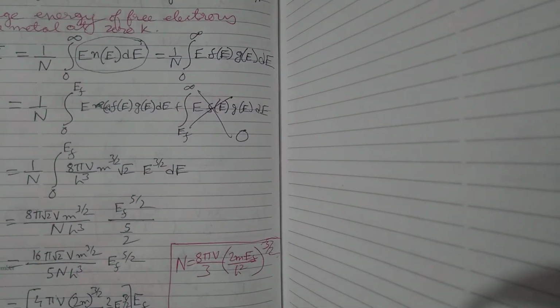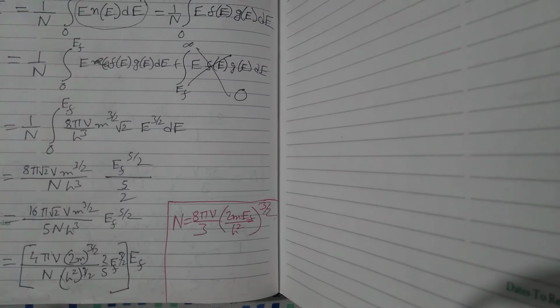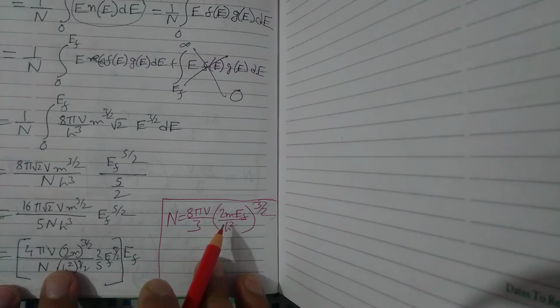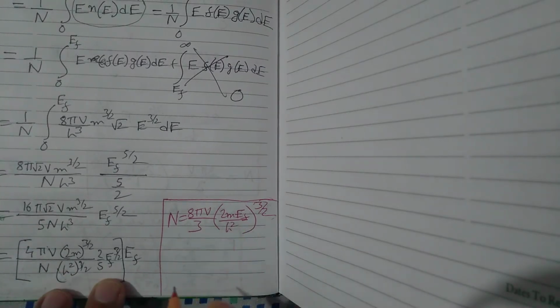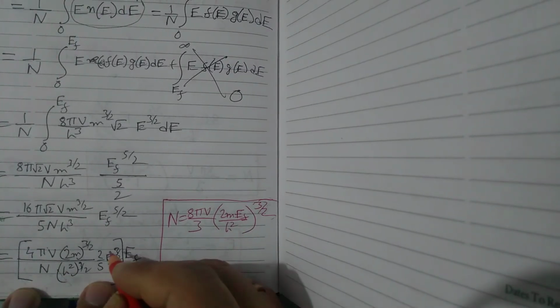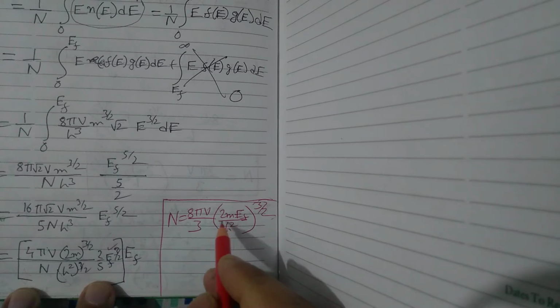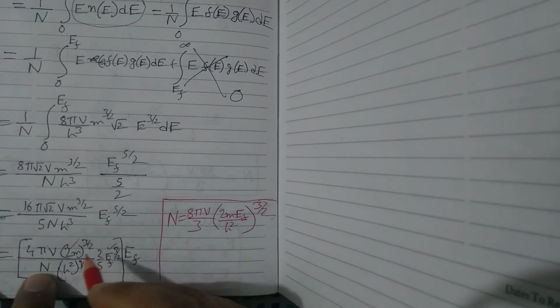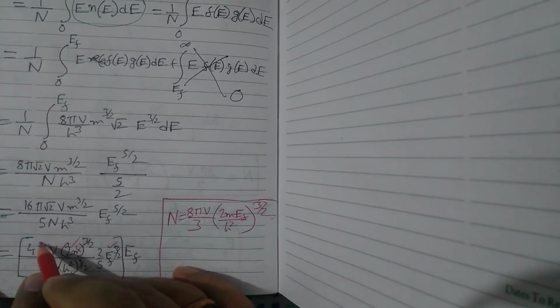Okay, this is the thing. Acha, now let us see here what happens. EF to the power 3 by 2 is there. 2 to the power 3 by 2 is also there. M to the power 3 by 2 is also there. Pi is there.